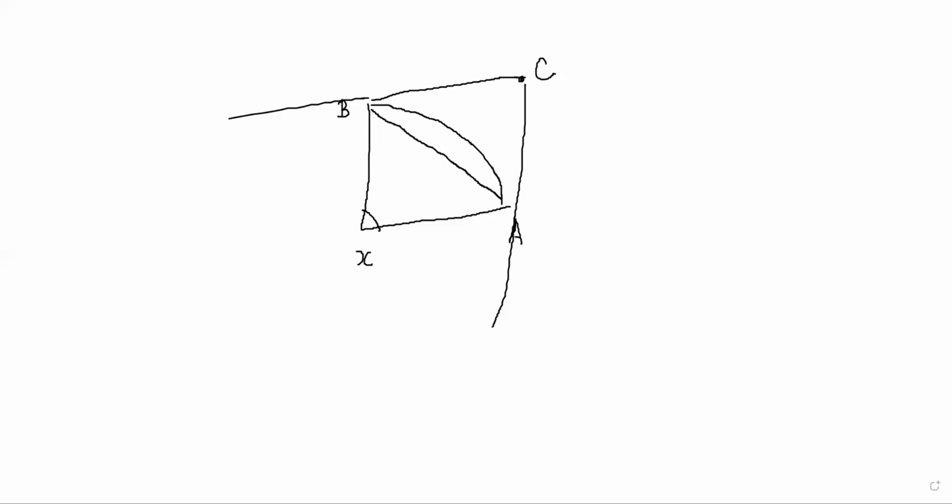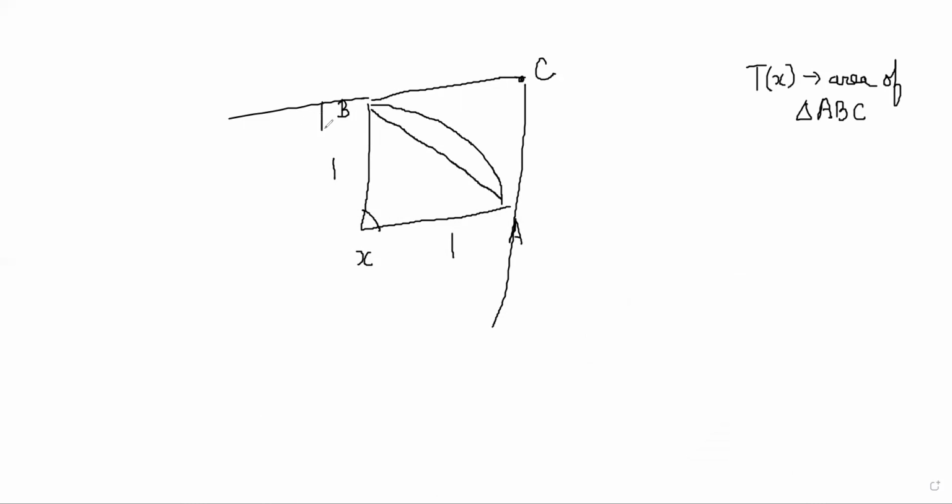Okay. So question says that radius is 1. So this is 1, this is 1. And T of x is the area of triangle ABC. And this angle is x, right? So this is the tangent line.